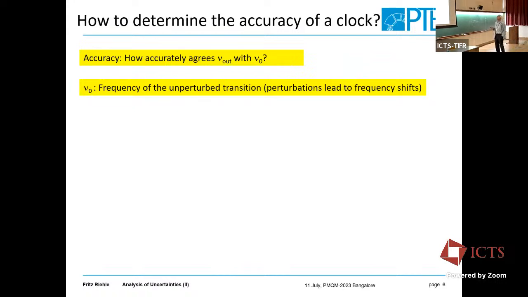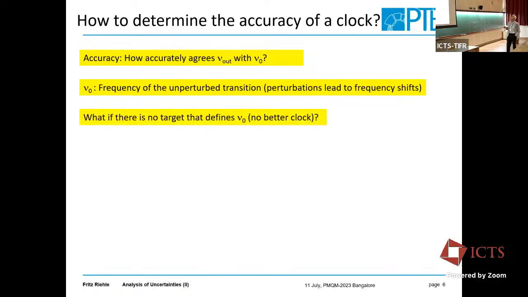Perturbations lead to frequency shifts, and frequency shifts lead to errors. And if we compensate for them, there is some residual uncertainty, and the total uncertainty you get is from looking at all of the perturbations. And we will go through it in a minute.